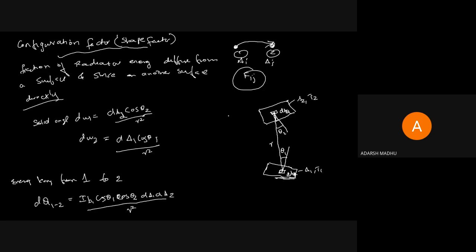So here the heat transfer rate for 1 to 2 I have written: IB1 cos theta 1 cos theta 2 dA1 dA2 by r square.